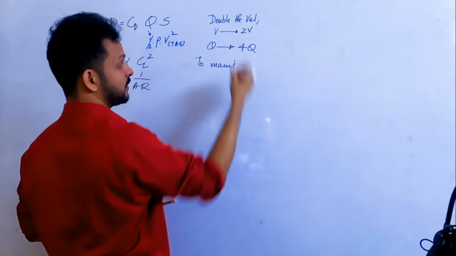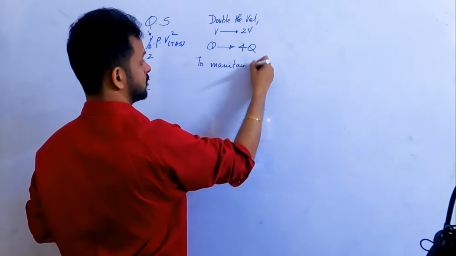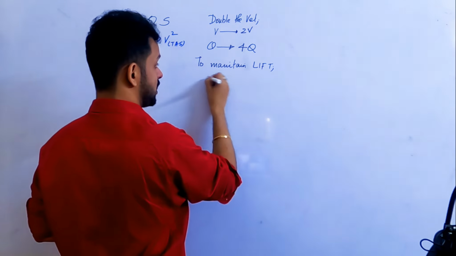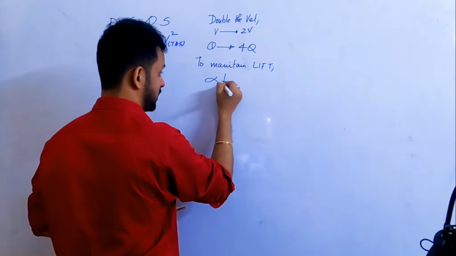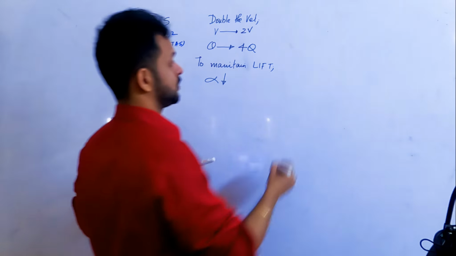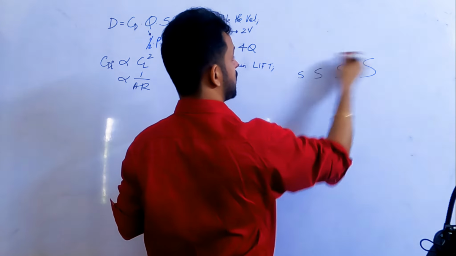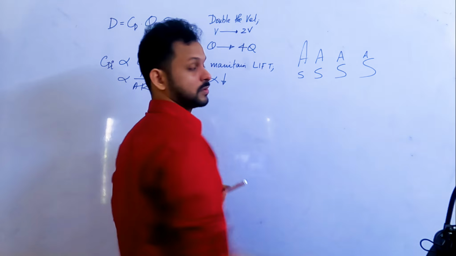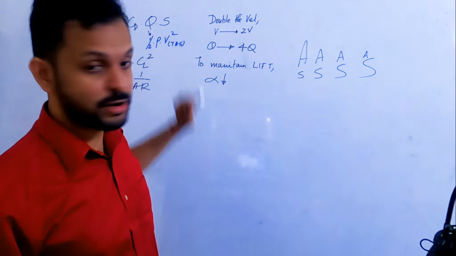Since I have increased the velocity, the angle of attack should be decreased, because as speed increases, angle of attack reduces, inversely. So to maintain lift, as speed is doubled, angle of attack reduces.